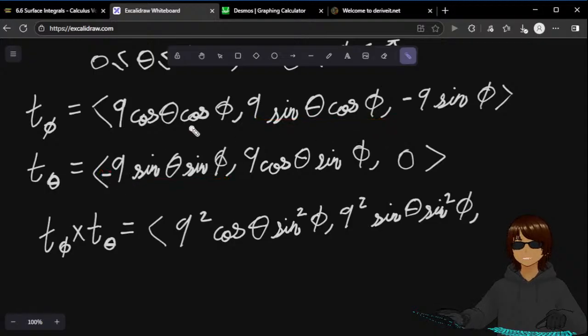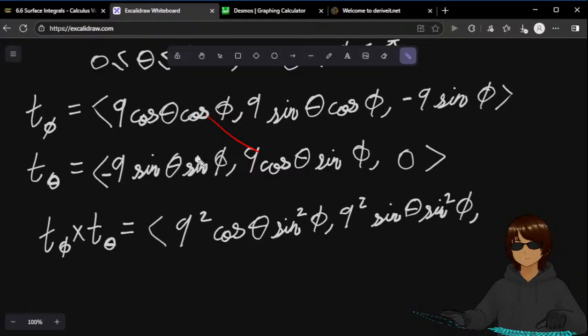But the thing is, we have, wait, what? Oh, yeah. We have cos theta. So we will get cos square theta. Your sine theta will get sine square theta.